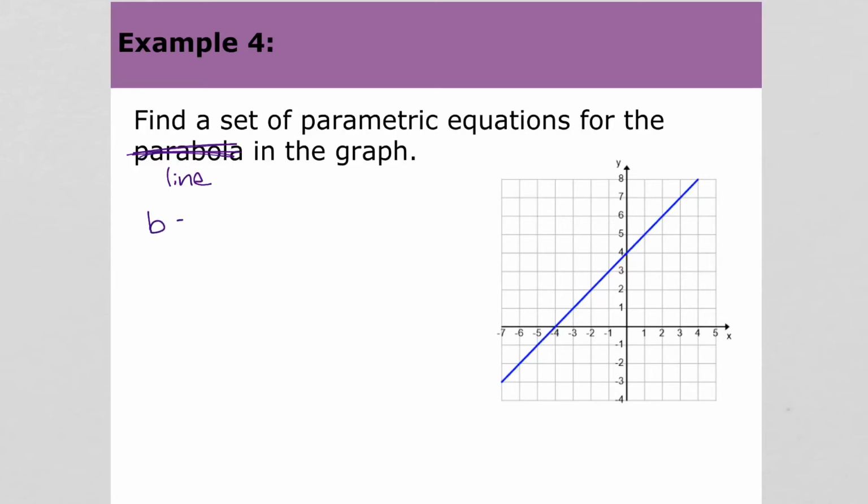Its y-intercept is at 4. And its slope is up 1 over 1, I think. So the slope is 1. So the equation in y equals mx plus b would be 1x plus 4.